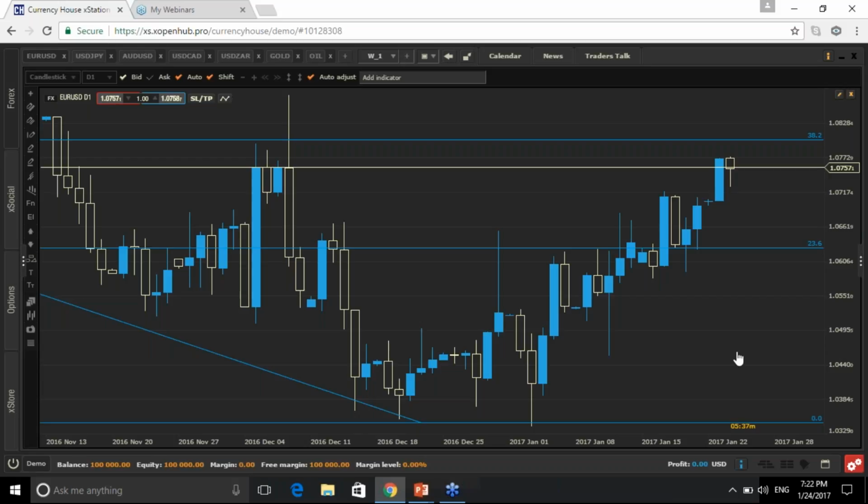So in case you are buying this currency pair, if you are long with Euro USD, please be cautious, be very careful at the level of 1.800 approximately, because it's a very strong resistance line.